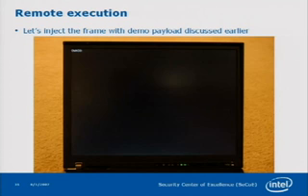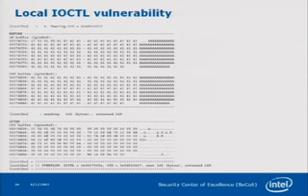Actually, the exploit was more complicated than just injecting this demo payload due to many reasons, but I will not discuss them here. So this is the result of exploitation of an old version of the Intel Centrino driver that we mitigated and released an advisory for before the Black Hat, I mean the previous Black Hat.